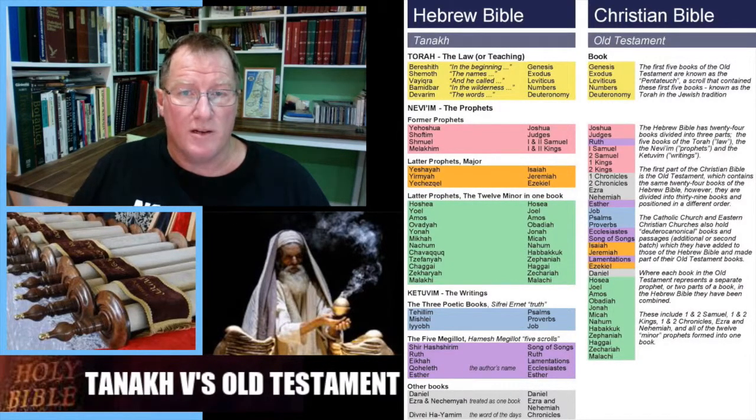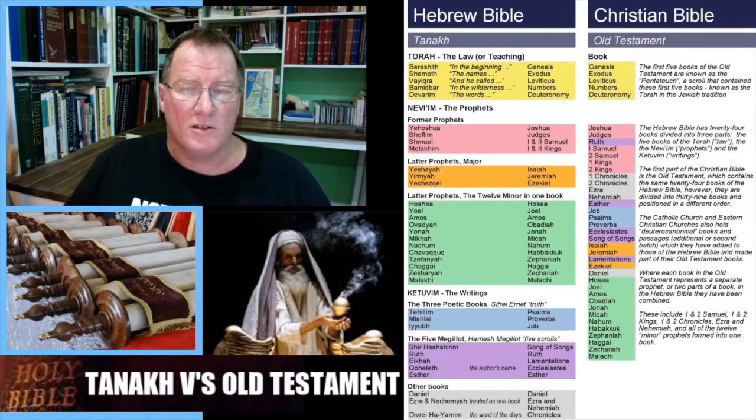In the Hebrew Bible, or the Tanakh, the books of Ezra and Nehemiah are in fact combined together as one book. And the first and second books of Chronicles, which we know in the Bible, are likewise connected as one book. So there are some significant differences in the organization.